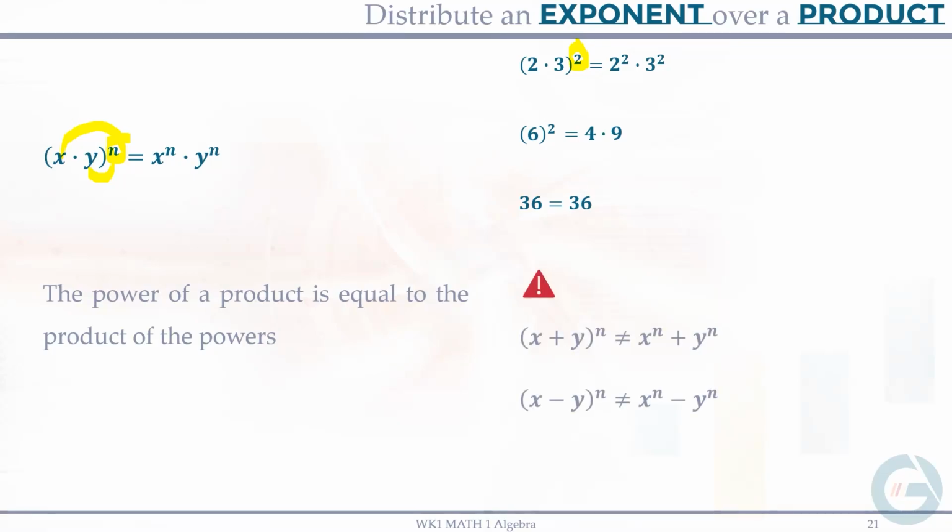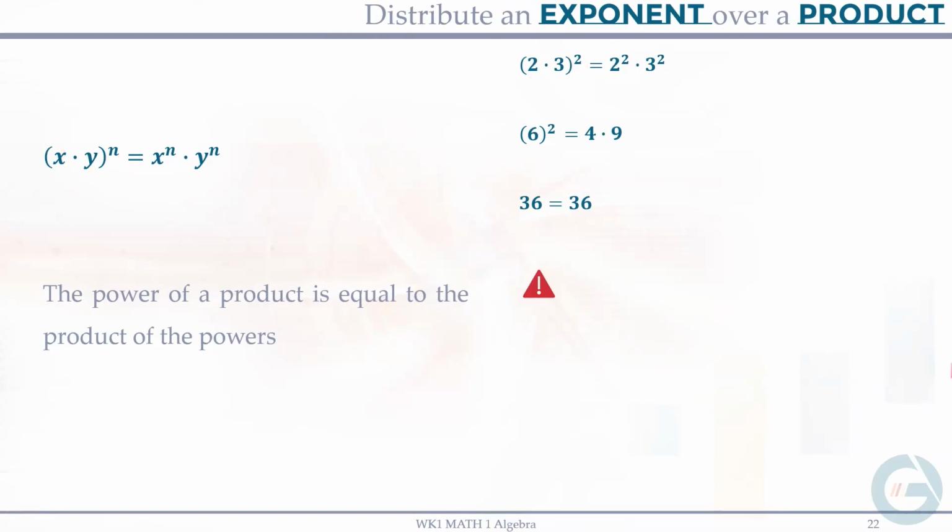But be careful with this one. We cannot distribute an exponent over addition and subtraction. Okay, so take note of that. You can distribute an exponent only over multiplication but not over addition or subtraction.